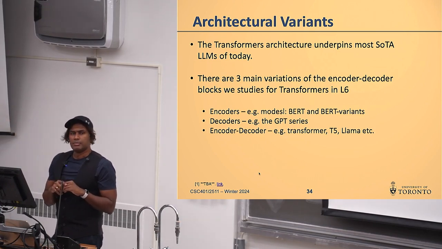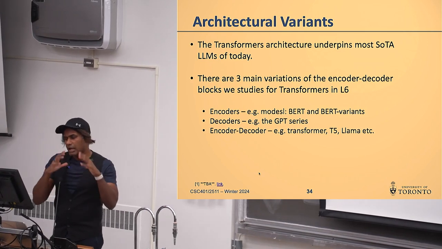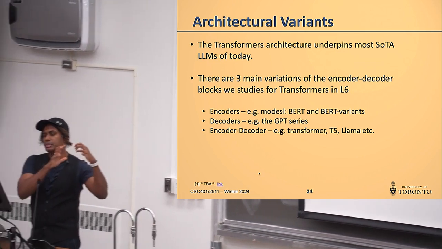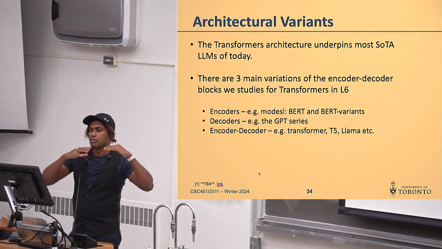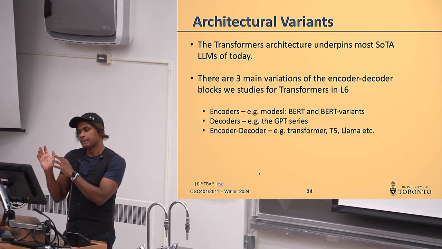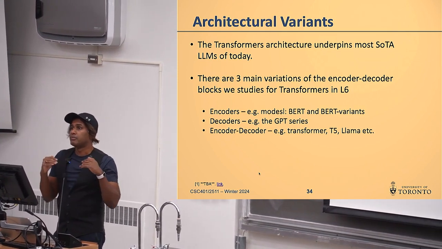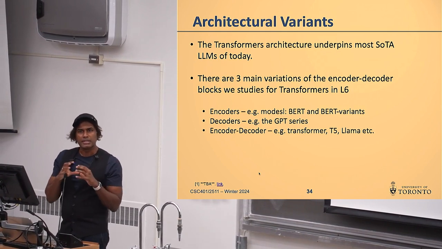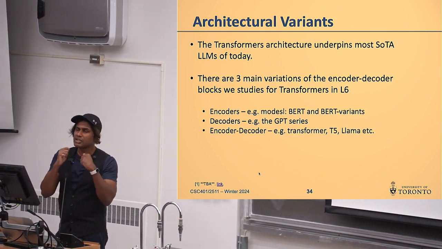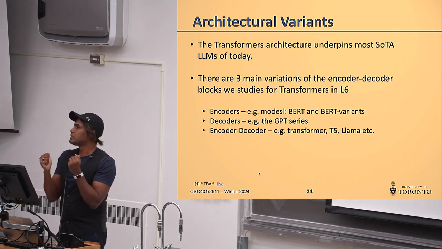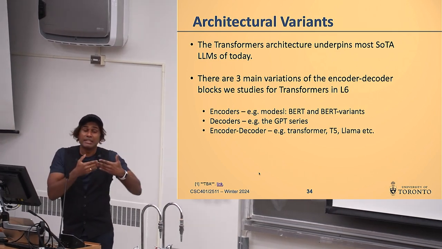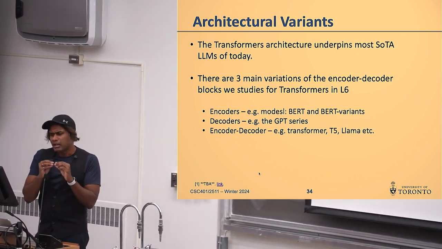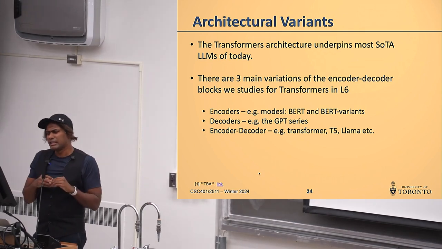Thank you. Architecturally, the underlying architecture is transformer blocks, but as we have talked about, some of them have just the encoder block. Then we have some architectures that have just the decoder block, like the GPT series. And then we have the encoder-decoder blocks. Even if you look at the papers of newer language models coming in, the architectural variation is very little. The differences come from the data that they're trained on, the corpus, and for example the attention span and things like that.